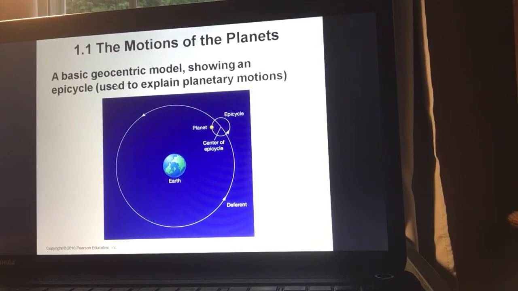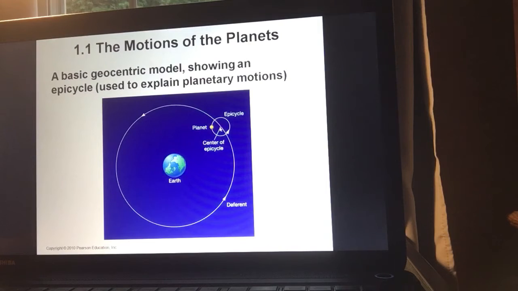So of course, for the Earth-centered model, which we say is a geocentric model, they were trying to build some model to explain these planetary motions. So for instance, here is the Earth, that's the planet, so they assume that the planet is moving along an epicycle, the small circle here is an epicycle.